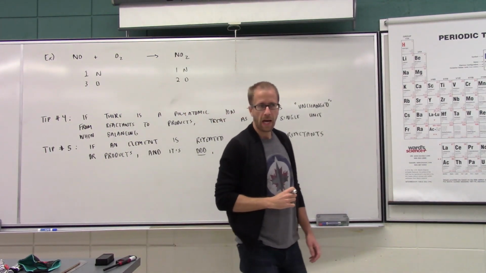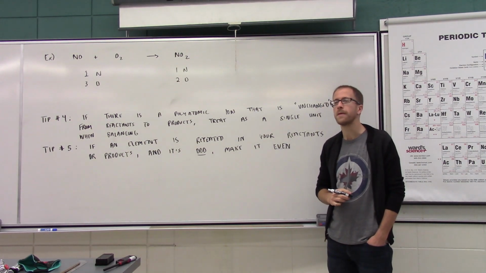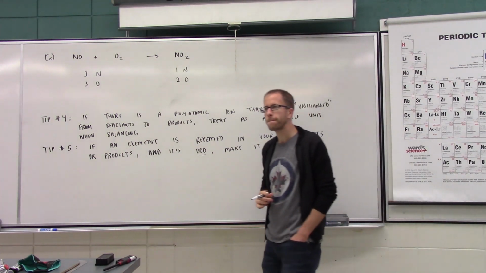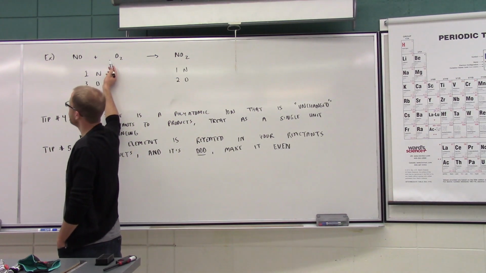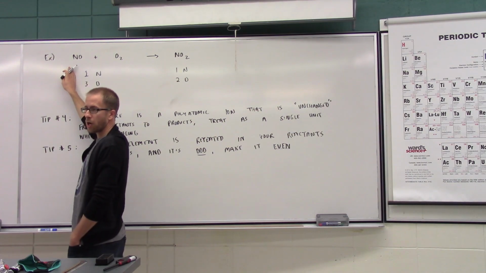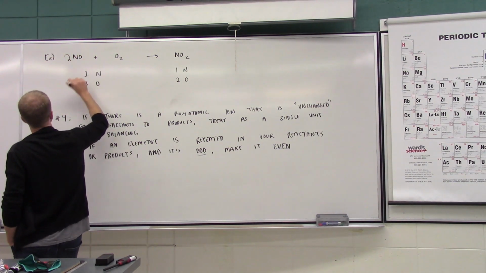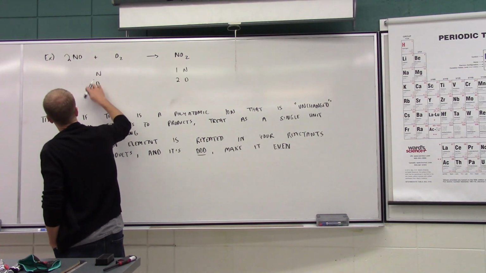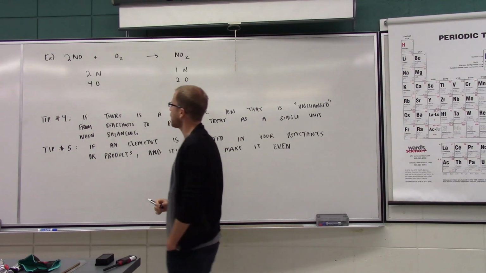How can I turn that into an even number? Can you put a 2 in front of the nitrogen monoxide, right? We put a 2 in front of the nitrogen monoxide, and now when we recount, we have 2 nitrogens and we have 4 oxygens.